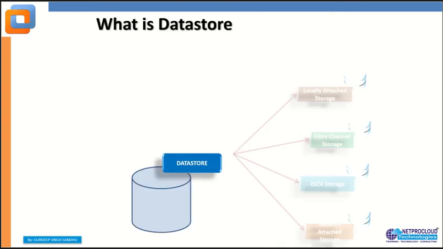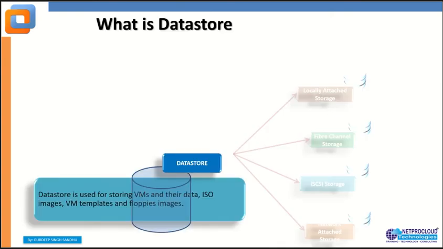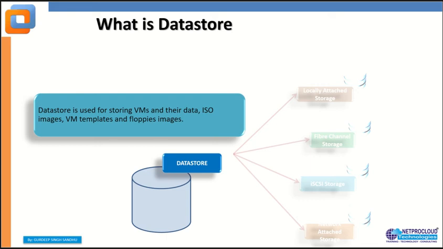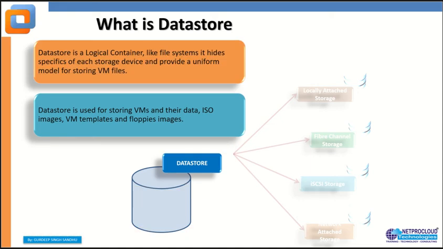So now, what is the data store? A data store is used for storing virtual machines and their files and data, ISO images, VM templates, and floppy images. So we can say a data store is a logical container. Like a file system, it hides the specifics of each storage device, like file systems such as FAT32, FAT16, and NTFS hide the type of disk.